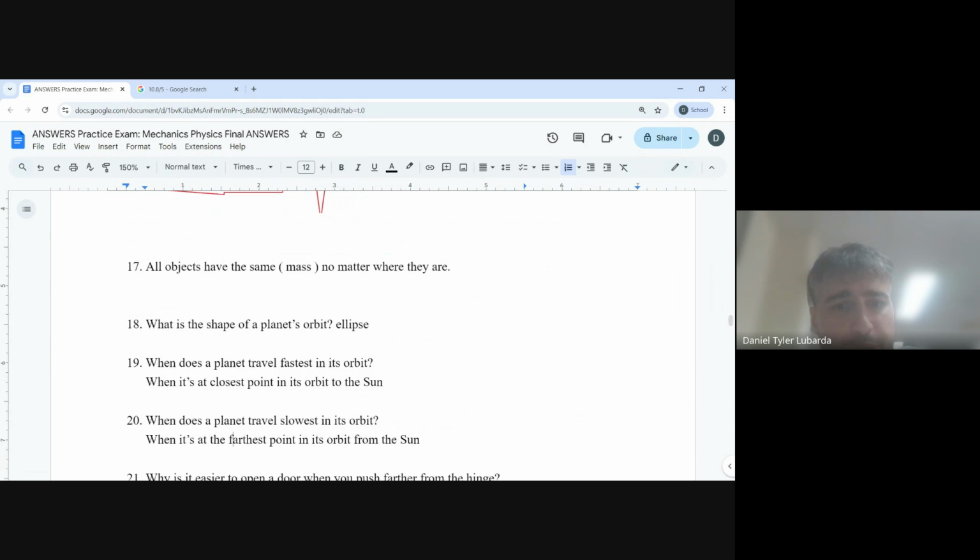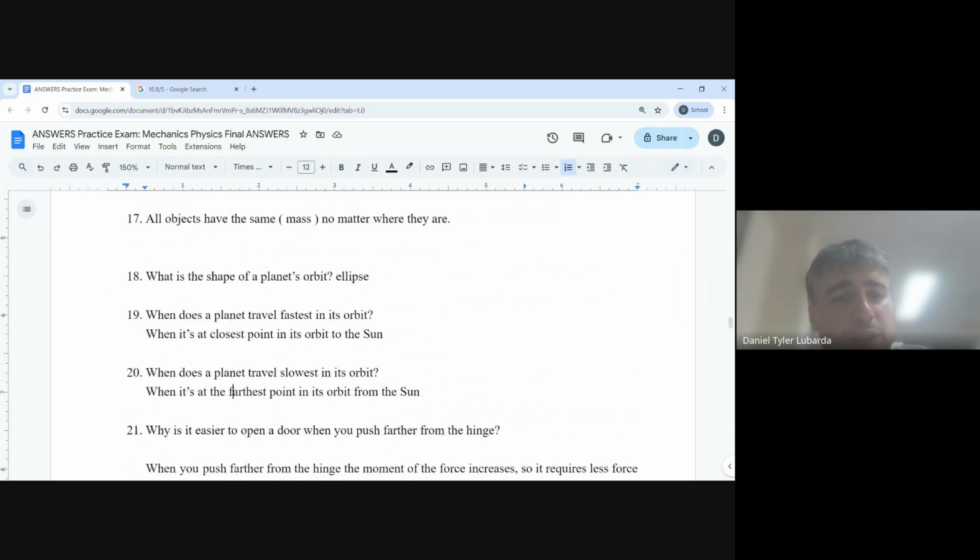Kepler's laws, you're going to want to refresh yourself on that, how things move in space. I think you'll remember everything moves in an ellipse. You need to remember that when things are closer to the sun in their orbit, they go faster. When they are farther in their orbit, they go slower.